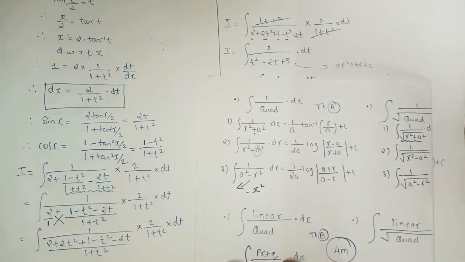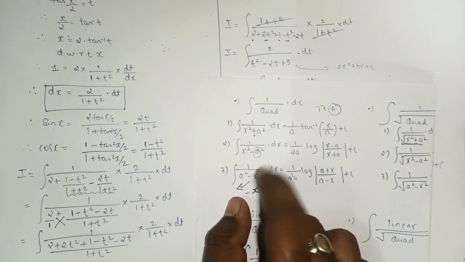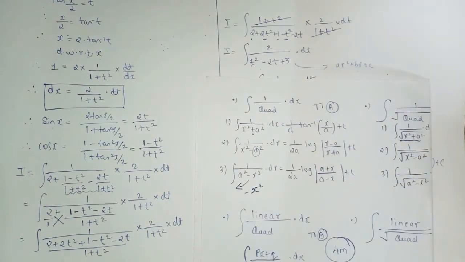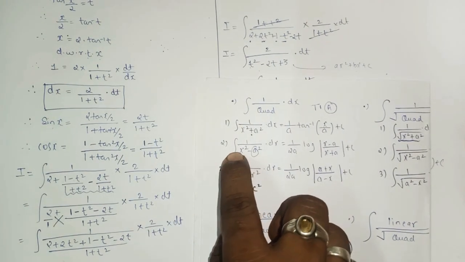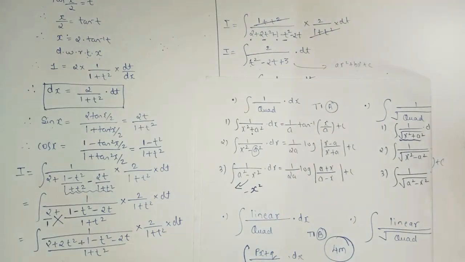Here we have three integral formulas: 1 upon x square plus a square, 1 upon x square minus a square, and the third one is 1 upon a square minus x square. And we know that whenever the sign of the square term is negative, then only you have to apply the third formula, otherwise you have to stick with the first and second. If the first is a variable and the second is a number, and it contains plus and minus, it is the first and second.